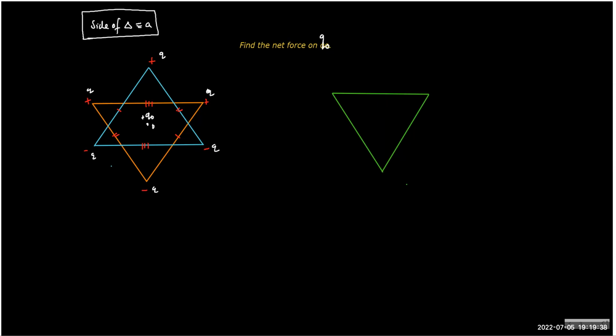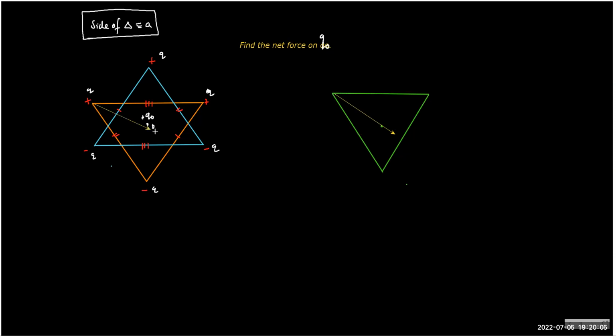So now if you just think of one triangle, that is sufficient to understand. The top three are positive, bottom three are negative. So all the force will be acting downwards. If I take the centroid, this charge will repel like this.